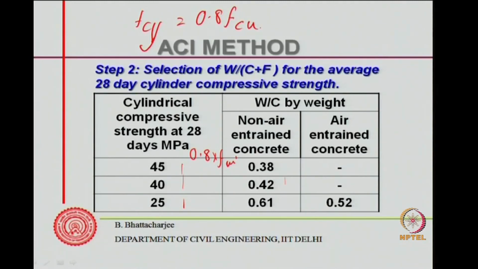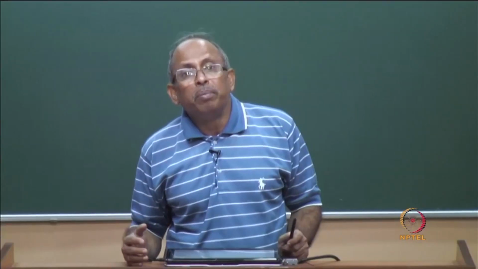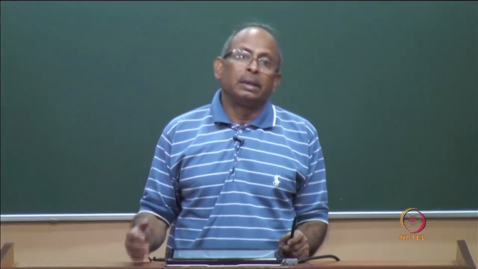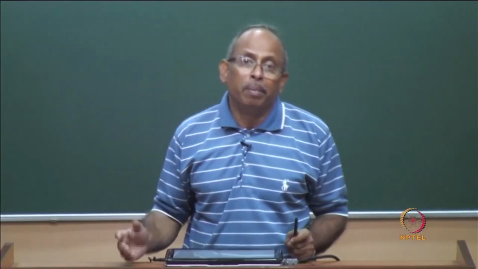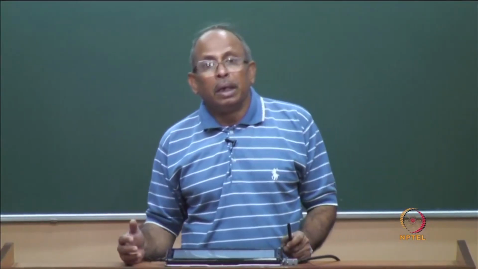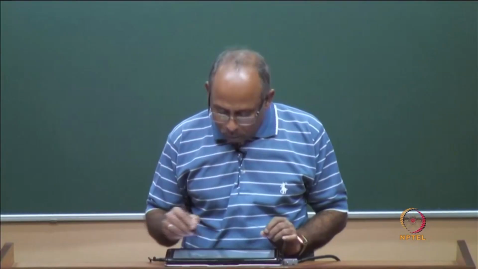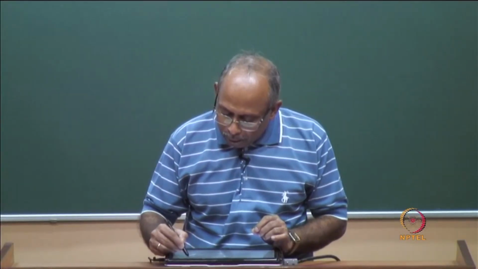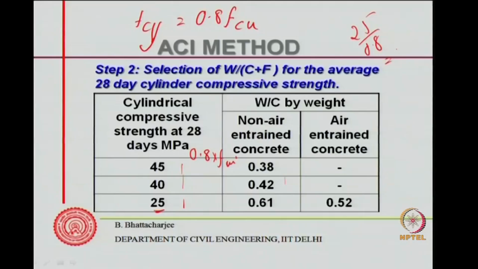So, when you are using this, let us say like in India, where we generally use cubes, if it is an M25 grade of concrete, then cylinder strength will be 25 multiplied by 0.8, which will be actually 20. Or if it is 25 here, correspondingly 25 divided by 0.8 will be 31.25 or whatever it is.